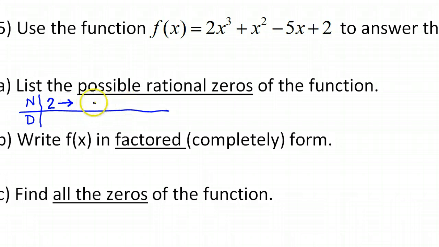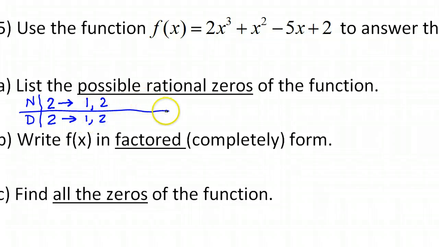Now when I say that, I mean the factors of 2, which are just 1 and 2. Now the denominators are going to come from the other factor, the leading coefficient. And again, the factors of the leading coefficient are 1 and 2.